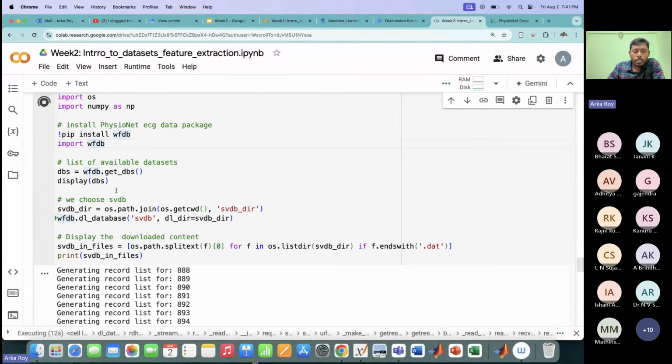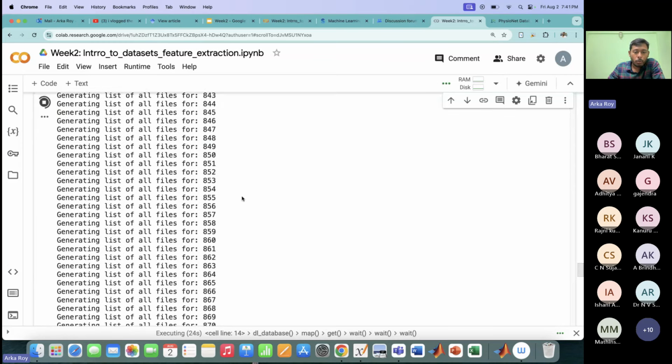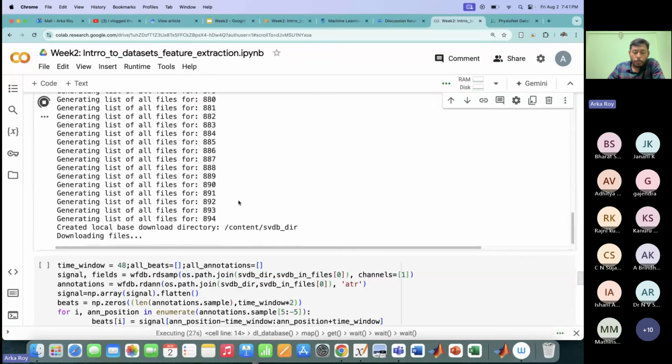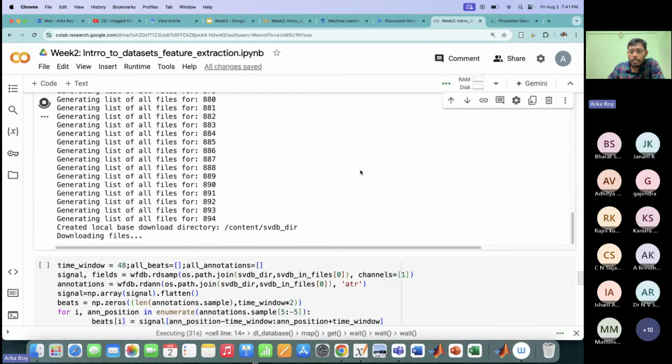And then you try to see what functionalities it comprises. You can see that it is extracting file number 840, file number 841. Sequentially, it is extracting all the files. It would take around 2 to 3 minutes. So meanwhile, if you have any query, you can ask.